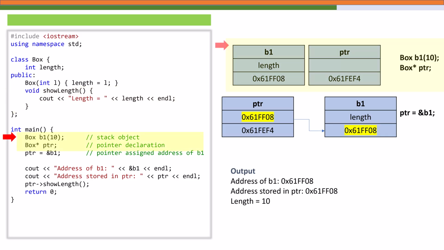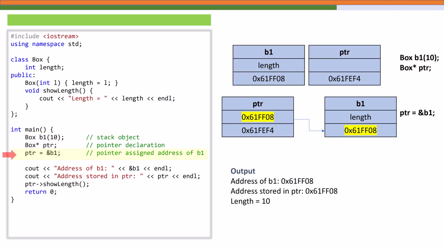In the main function, we create an object b1 of Box on the stack and initialize it with value 10. Next, we declare a pointer, Box *ptr. This pointer variable itself also has a memory address, say the address ending with ef4. But right now it doesn't point to anything, it just contains garbage.